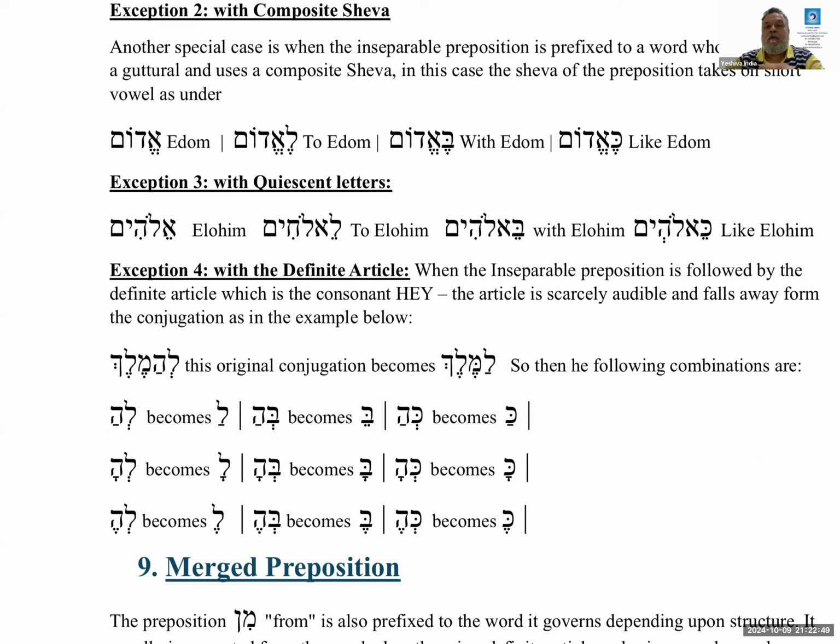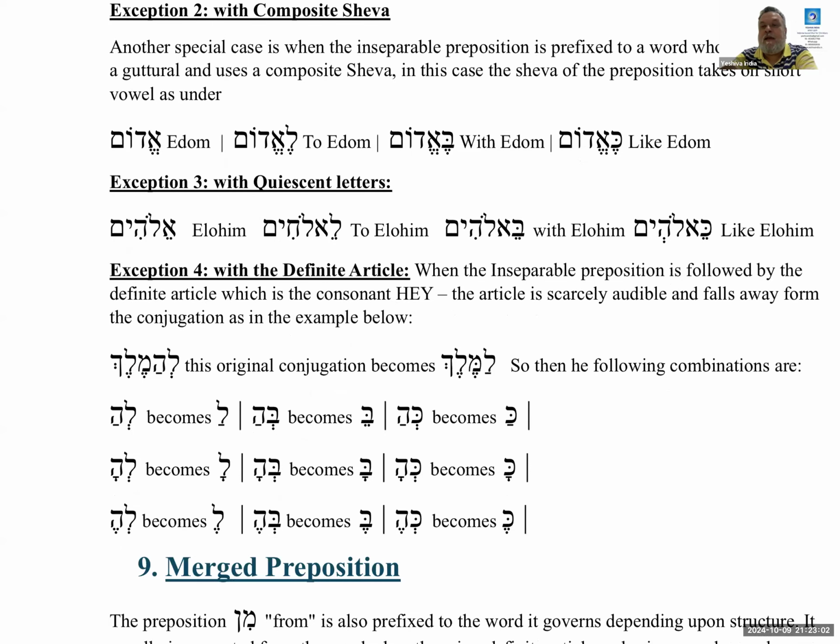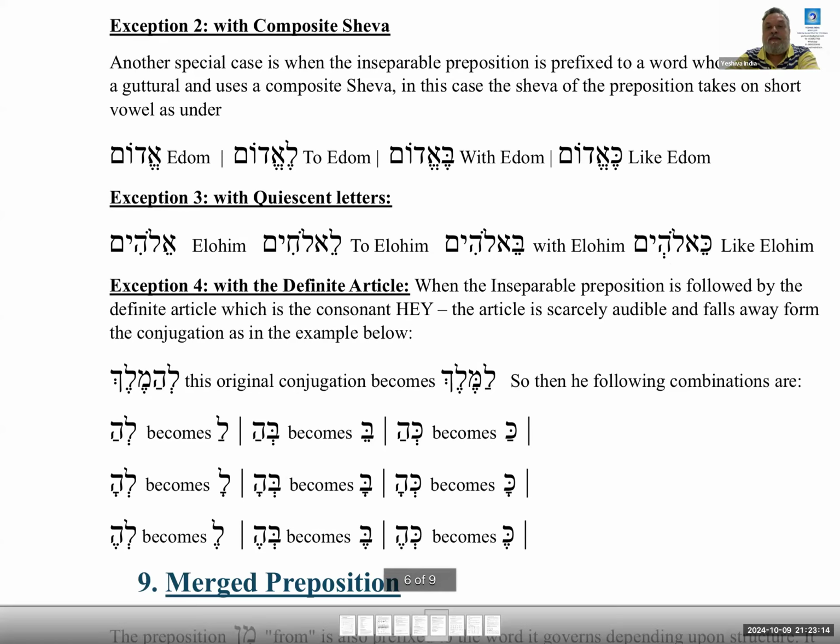So this original conjugation of Le Hamelech, to the king, becomes Lammelech. So the he falls away and the mem doubles with a dagesh forte. Remember, Le with the sheva becomes La, Lammelech.